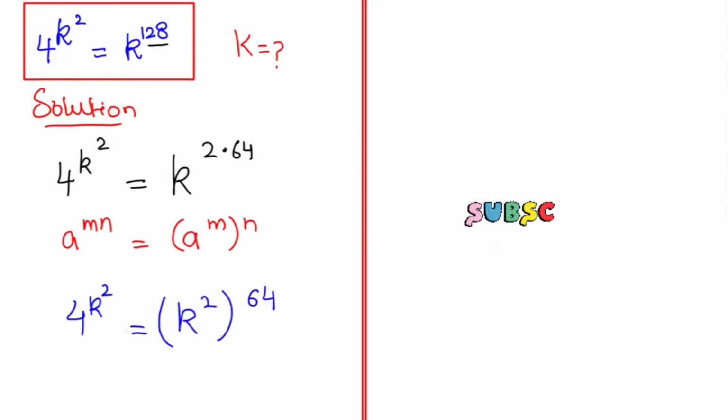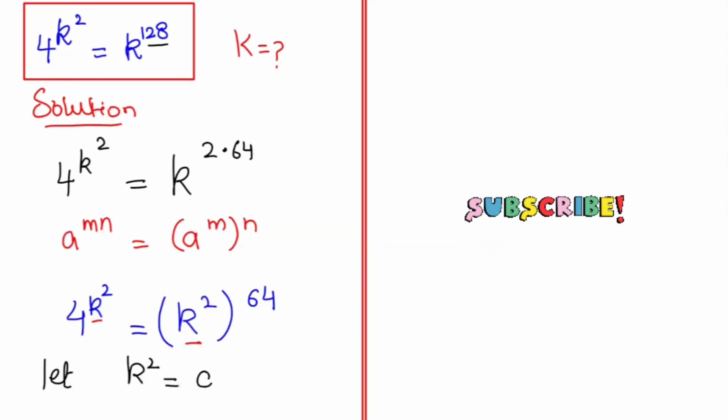Now if you look carefully, we have k^2 here and here, which is common. So I'm going to let k^2 = a.